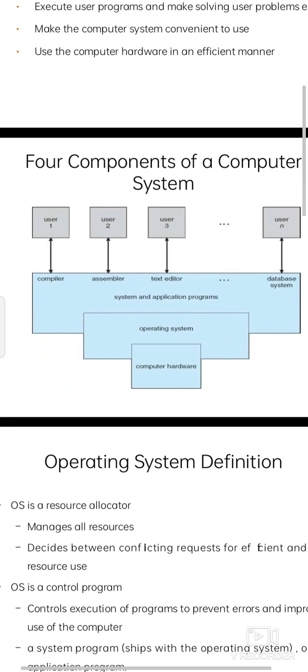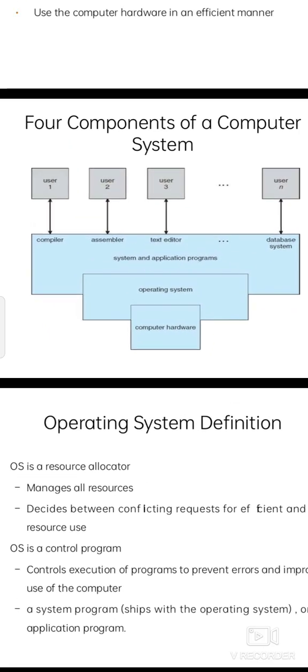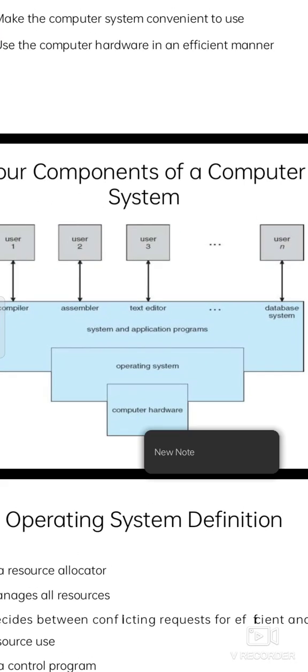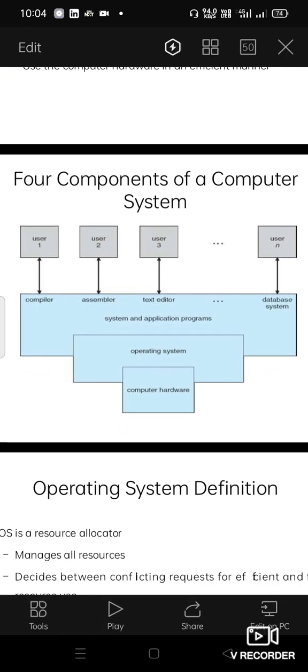The compiler will convert the source level language, that is high level language, into the machine level language, and the assembler will convert the language into the mnemonics language. The text editor is used to enter the text and modify the text, etc. The database system is used to store our data permanently. These can be connected to our hardware via the operating system.